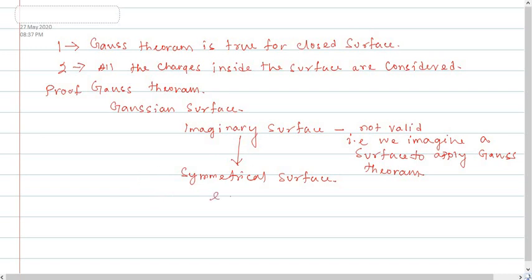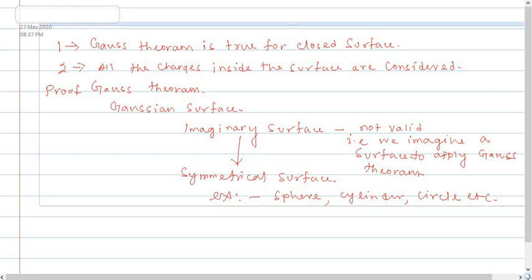How can you imagine a surface? For example, you can imagine a surface like a sphere, cylinder, circle, etc. According to our requirement, we can imagine this surface whenever it is required. Understood? Okay. Next we move to the proof of Gauss theorem.